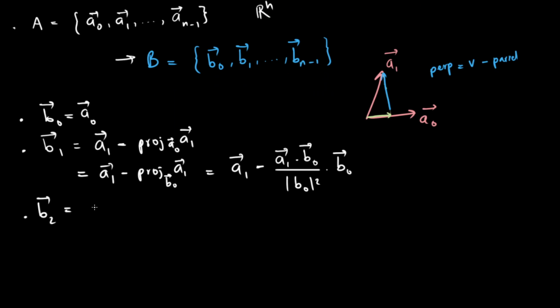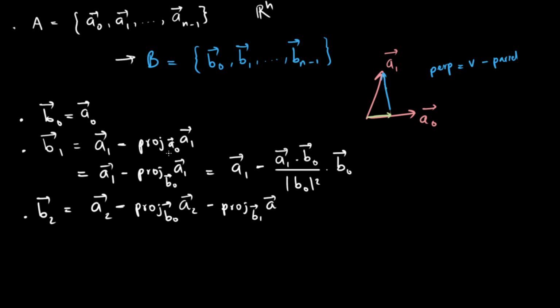We take b2 equal to vector a2 minus the parallel component, the projection of a2 onto b0, minus the projection of a2 onto b1.